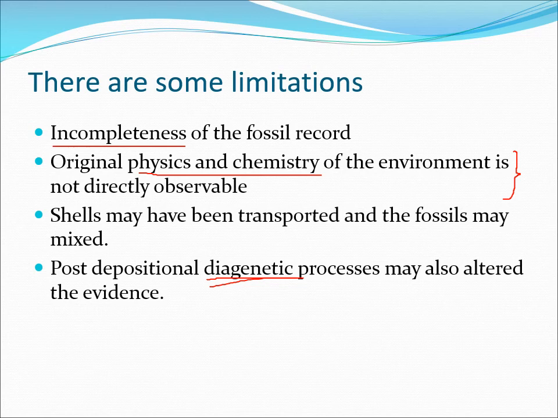That means the diagenetic processes favor the preservation of certain organic evidences, such as the traces of organisms. Trace fossils are favored for preservation by the diagenetic processes. So original organisms are more prone to destruction during diagenetic processes, whereas trace fossils can be favored.